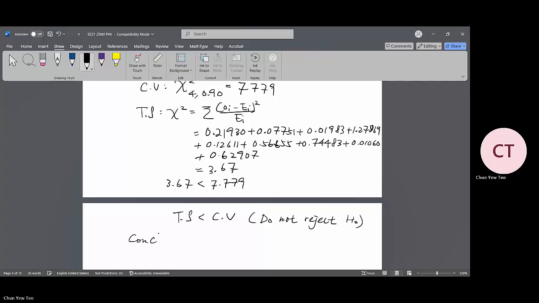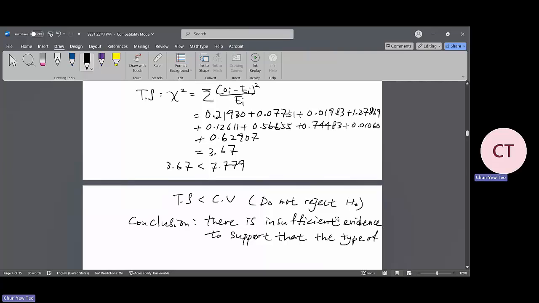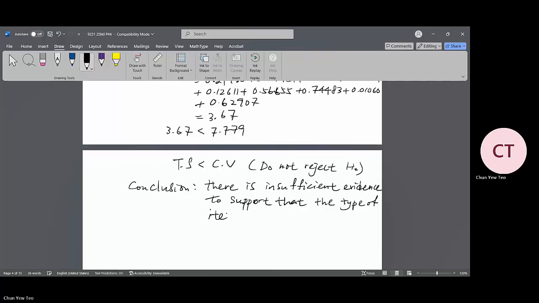So your conclusion, you just mention that there is insufficient evidence to support that the type of item sold is not independent of salespeople.